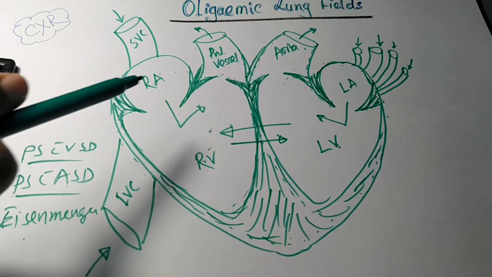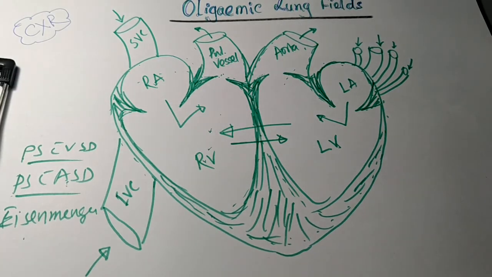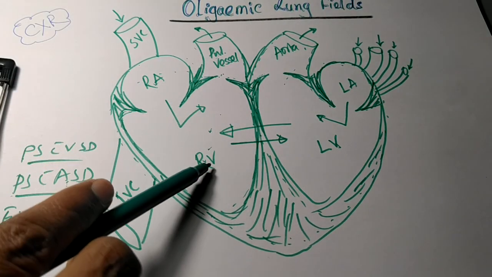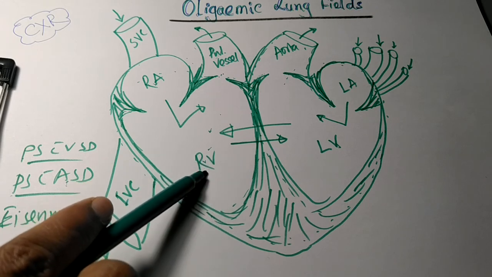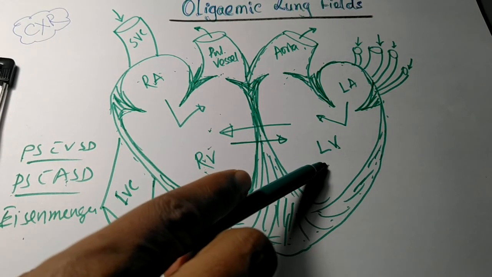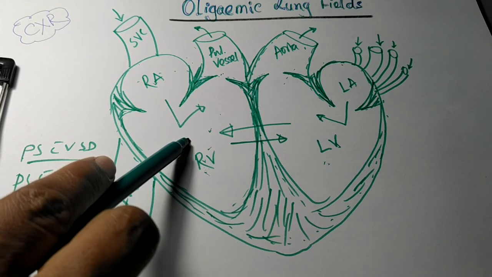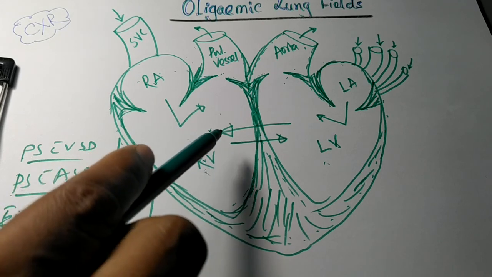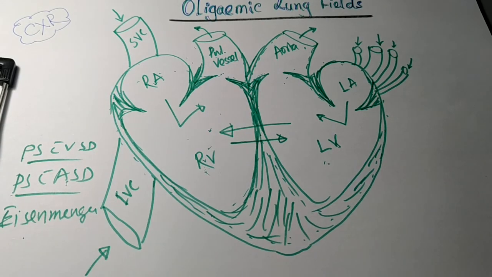Blood cannot pass from the right ventricle to the pulmonary vessels adequately, and when the pressure on this side is more than the pressure on this side, the blood flow will be reversed, making the lung field oligemic.